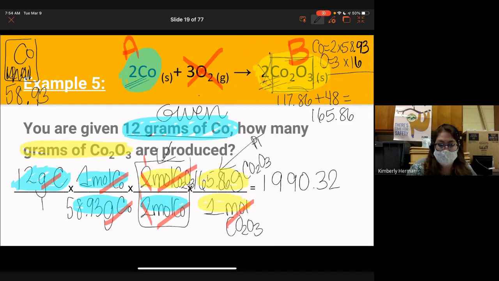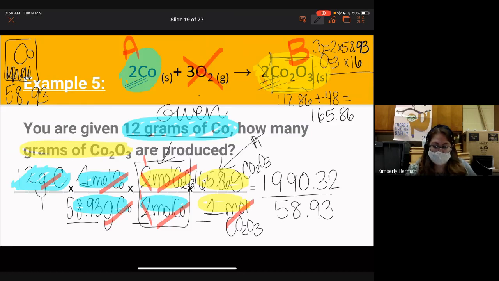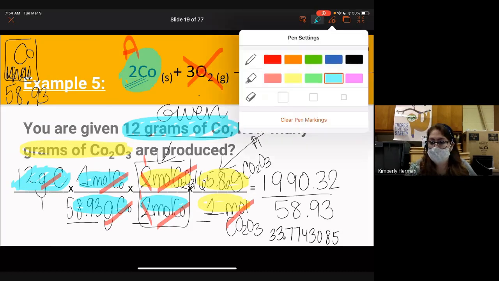Then we do the bottom. We have 58.93 times 2 times 1, and we divide that top number by that bottom number, and we get a very long number. We got 33.774385.